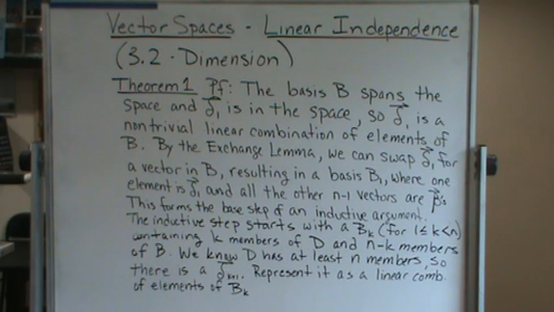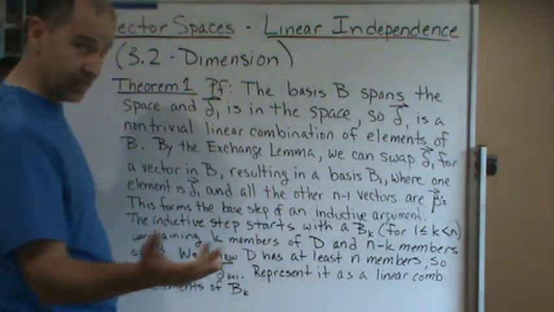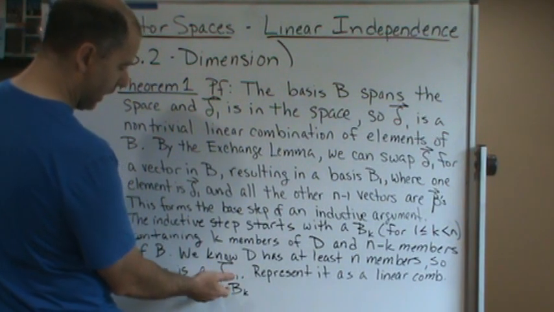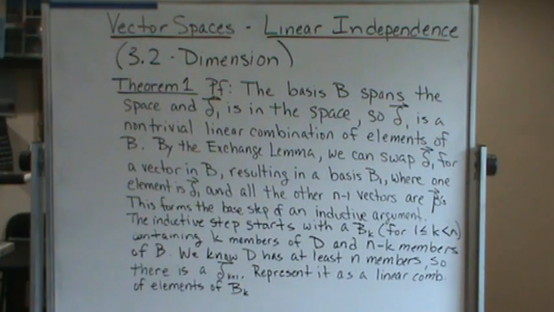So we're going to exchange delta k plus 1. We're going to do the same thing: we're going to exchange delta k plus 1 for one of the betas in B sub k.